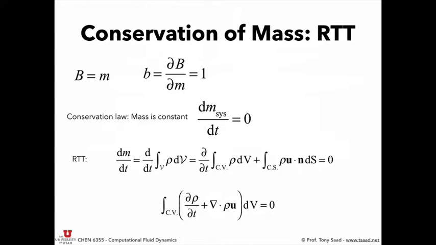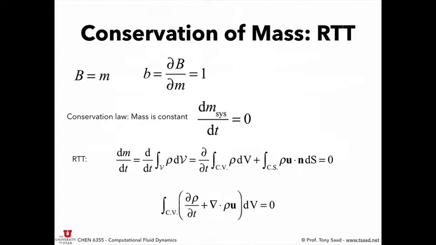Now we use the Reynolds transport theorem to convert this into an Eulerian form. dm by dt is d by dt of the integral over the Lagrangian volume, rho dv, right? Because lowercase b is 1. If you remember the Reynolds transport theorem, it was rho b dv, right? So lowercase b is 1. So that gives us the left-hand side.